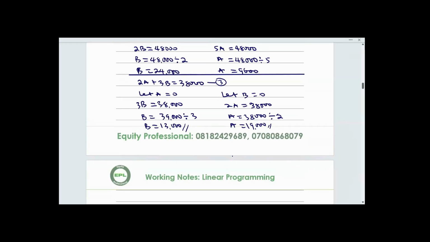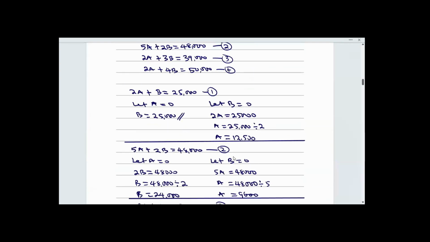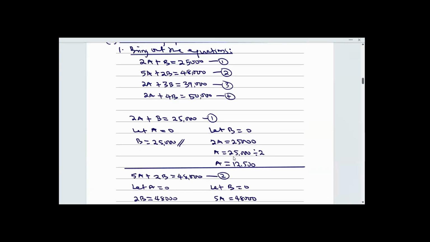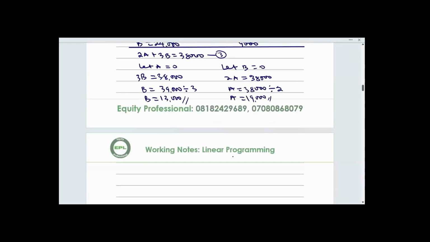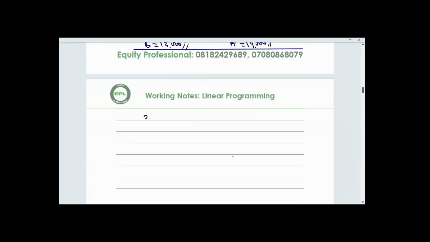Then the last one, the last equation is 2a plus 4b equal to 50,000.